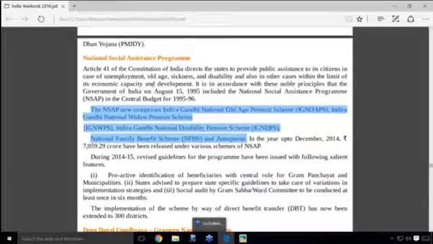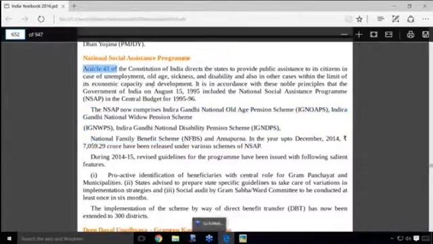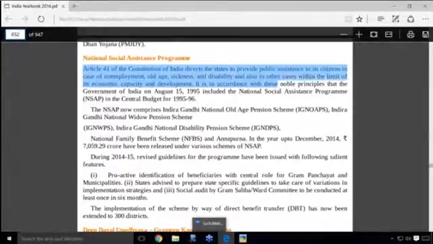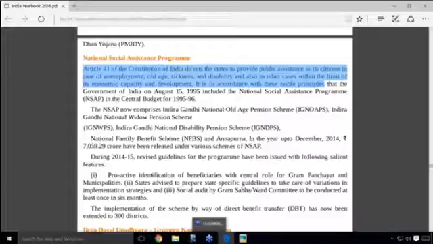In page 723, last paragraph, first line, Article 41 of the Constitution of India directs the states to provide public assistance to its citizens in case of unemployment, old age, sickness and disability, and also in other cases within the limit of its economic capacity and development. So this is important.